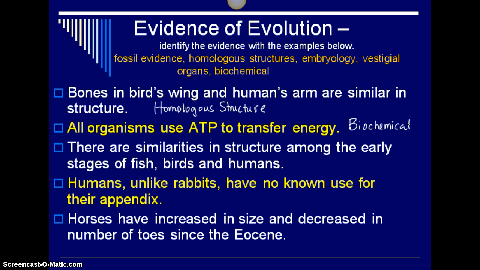Similarities in structure among the early stages of fish, birds, and humans is embryology. Humans have no known use for their appendix. That's going to be vestigial organ. And horses have increased in size and decreased in number of toes is going to be fossil evidence.